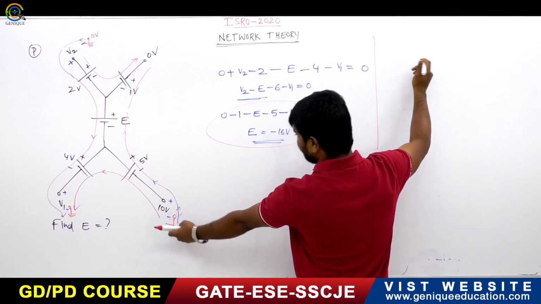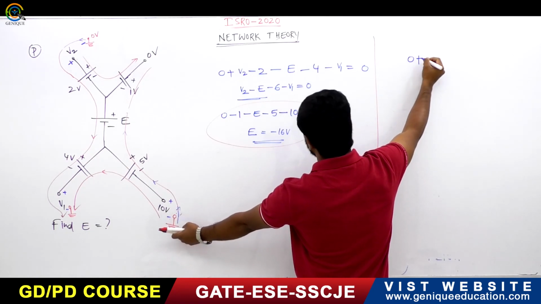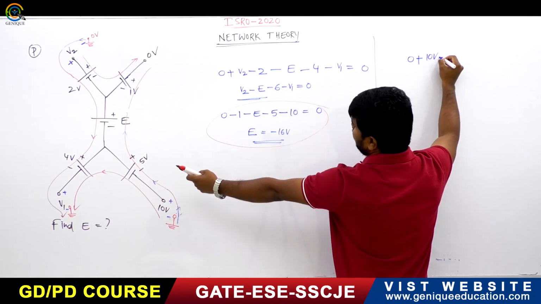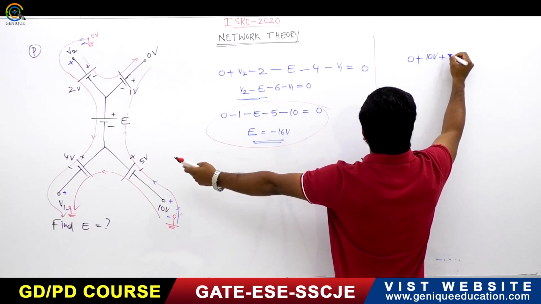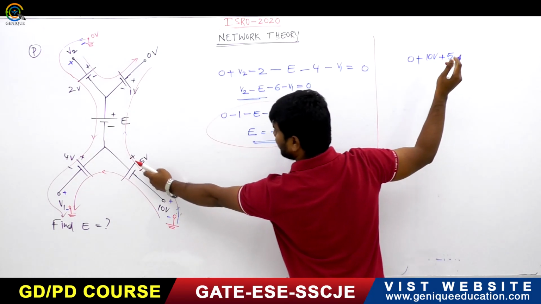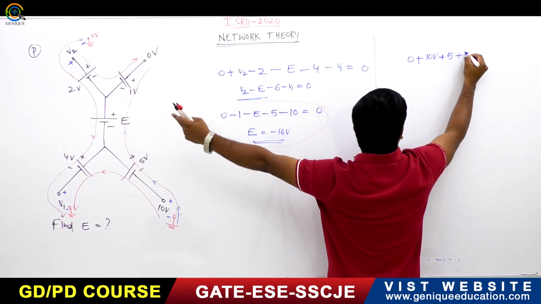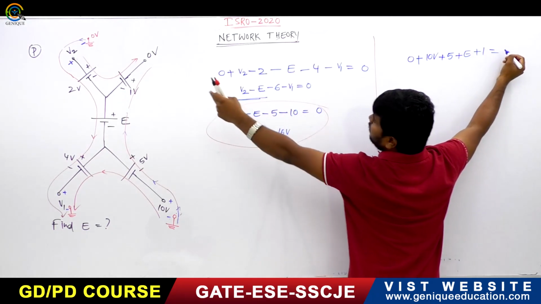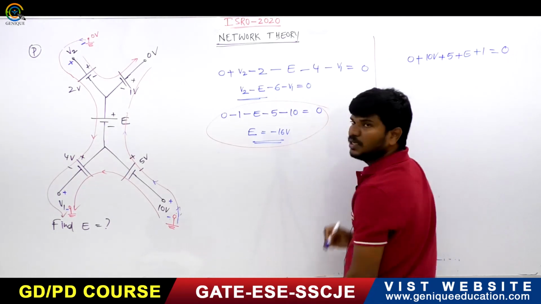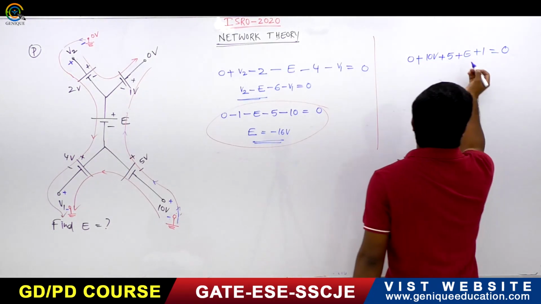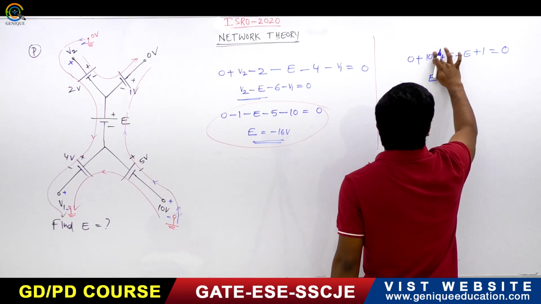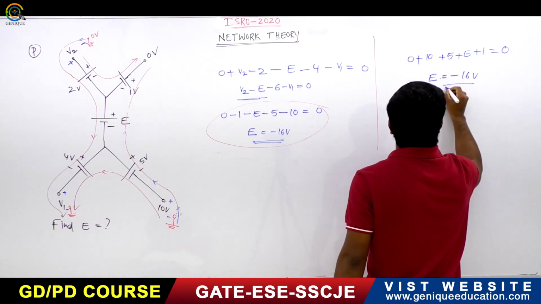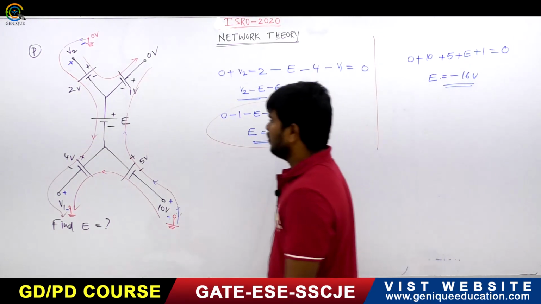First of all, it is 0 plus 10 volts, plus 5 volts, plus E, plus 1 is equals to 0. This is a KVL. So from this, what is E? E is equals to, this is 10, it is again minus 16 volts. So you can go for this.